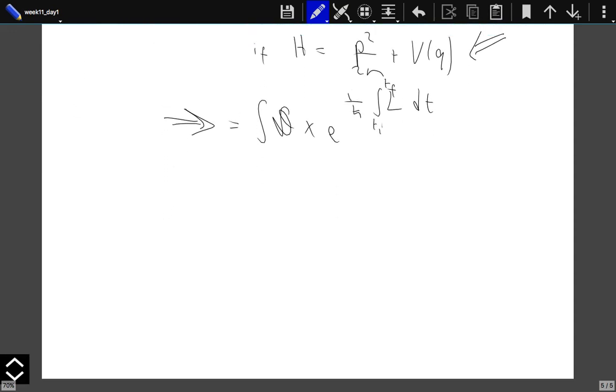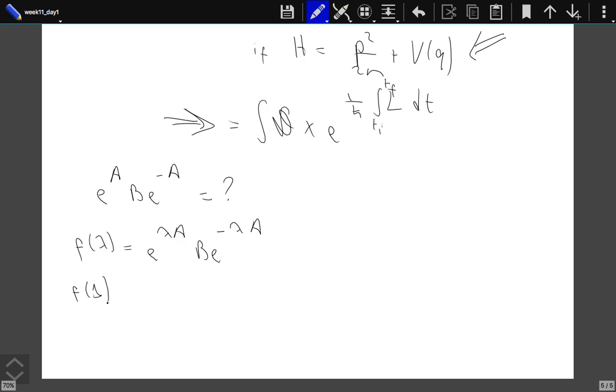Well, what is that expression we had? e to power A, B, e to power minus A. Right, so basically expression of this one. So let me define a function f of lambda: e to power lambda A, B, e to power minus lambda A. So what we want to calculate is f of 1.